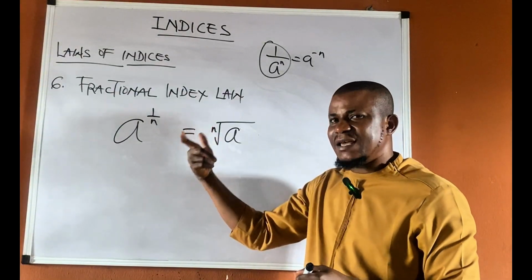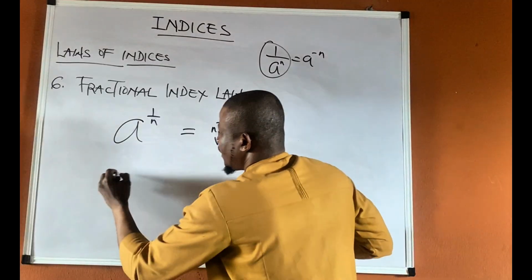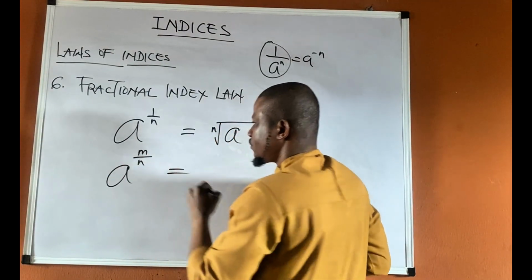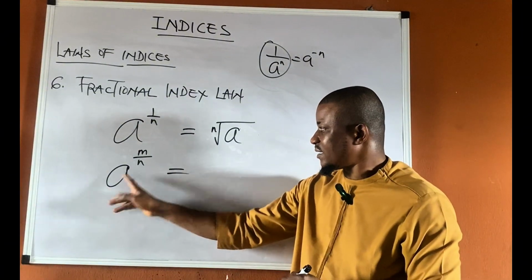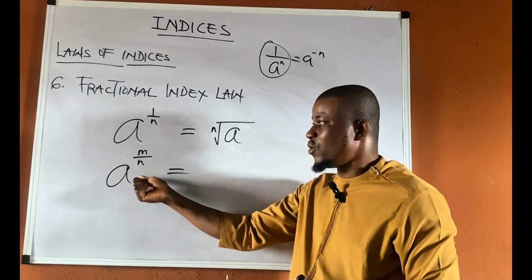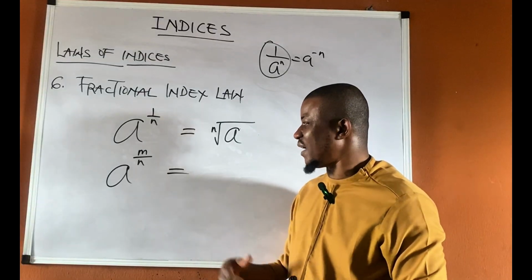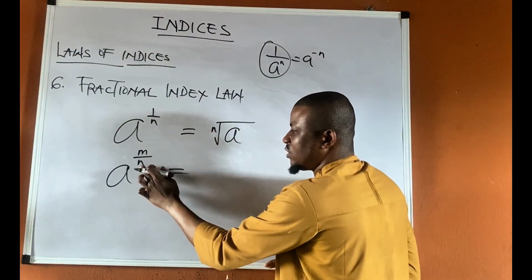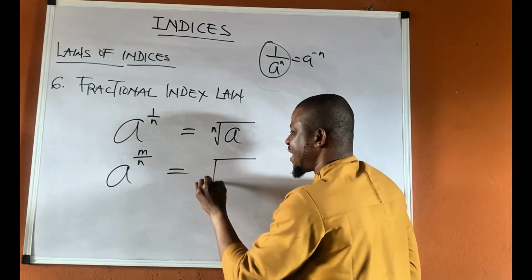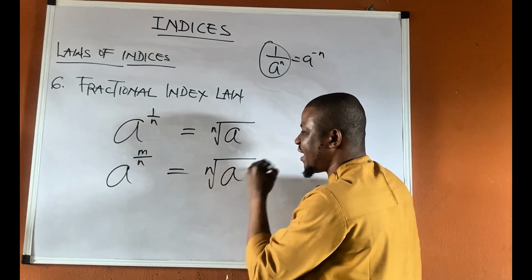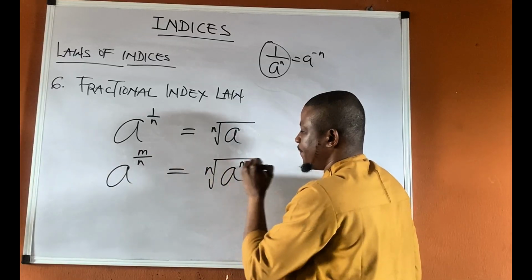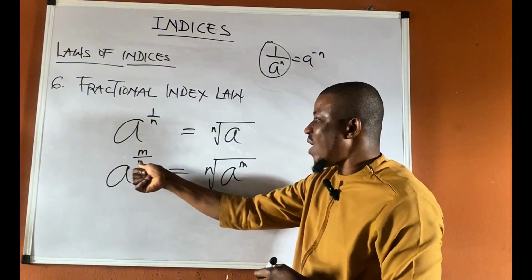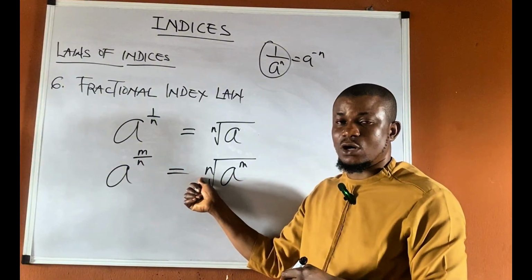Now, if we step this a bit higher and say a to the power m over n, we have an index that is the fraction m over n. Just the same way, the denominator becomes the root. We can have the nth root of a to the power m. So the numerator becomes the power of a, while the denominator becomes the root number.